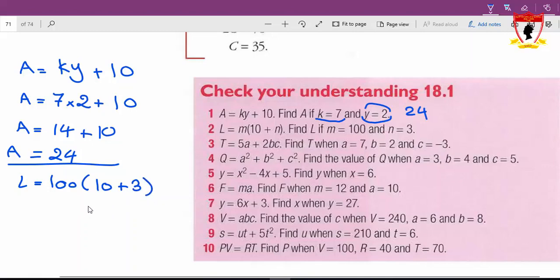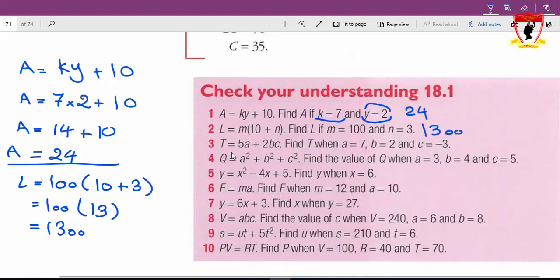Okay, according to BIDMAS, we have to do brackets first, then 100 times 10 plus 3, 13. 100 times 13 is 1300. So L is 1300.